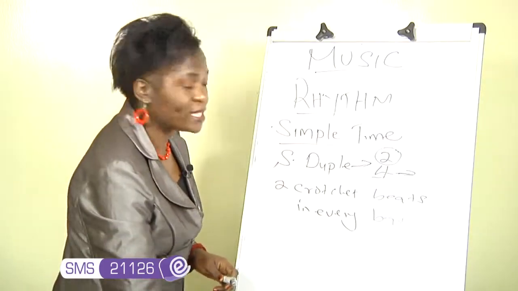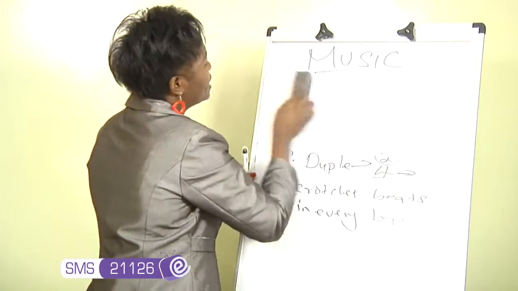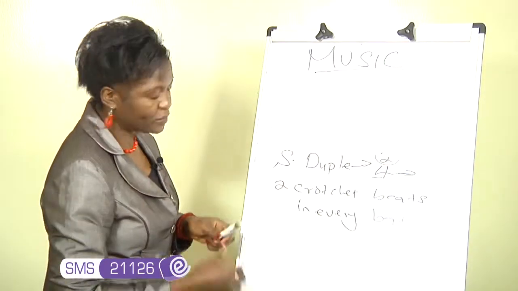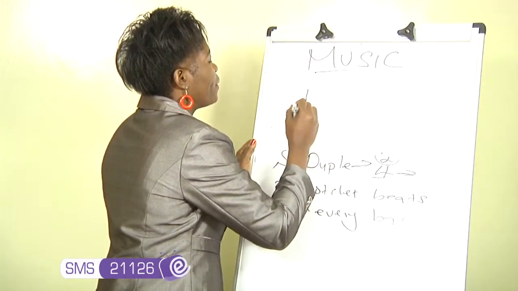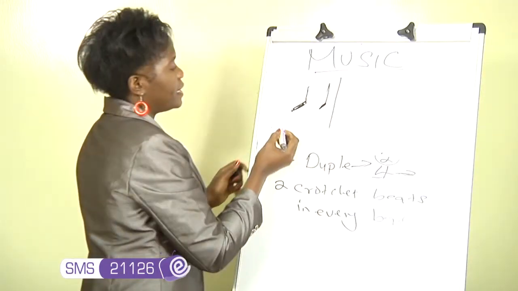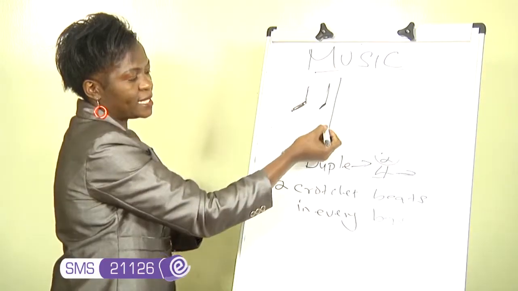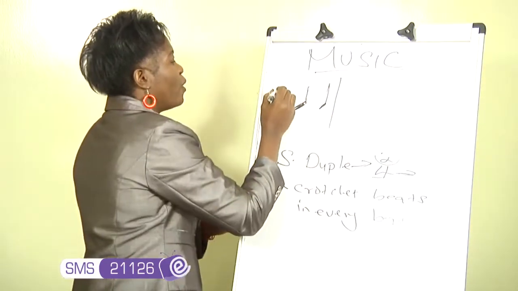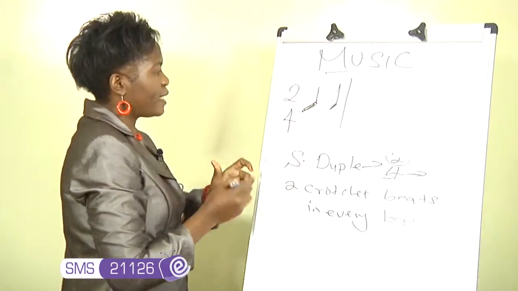Now, I want us to do some practicals and see how best we can get this. When we clap some beats, this is 1 crotchet, this is another crotchet, and remember we said this is a bar line. Now, this one is 2/4.